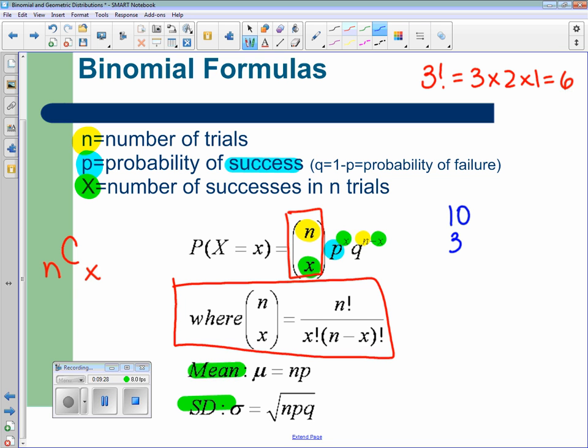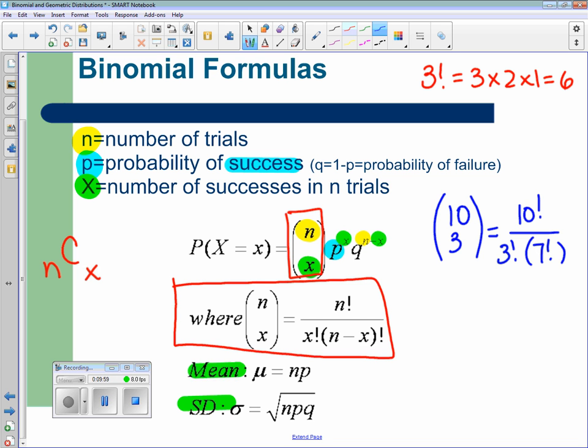So let's say we had 10 catalytic converters. What is the probability that 3 of them will be defective? Okay? So 10 choose 3. It's written this way. Let's just practice what would happen using the formula. This would be 10 factorial divided by 3 factorial times 7 factorial. Are we okay with that? Where'd the 7 come from? 10 minus 3.